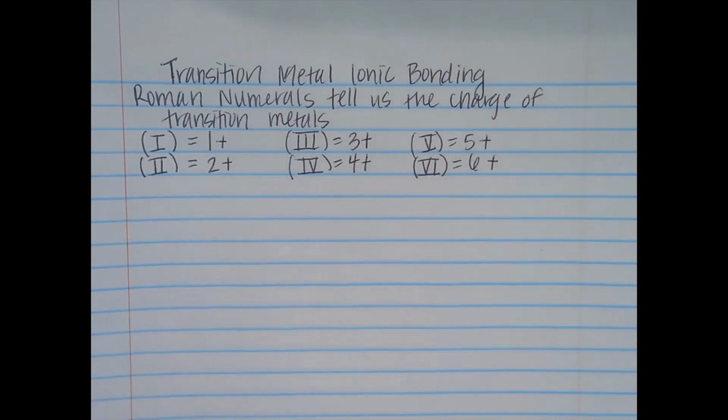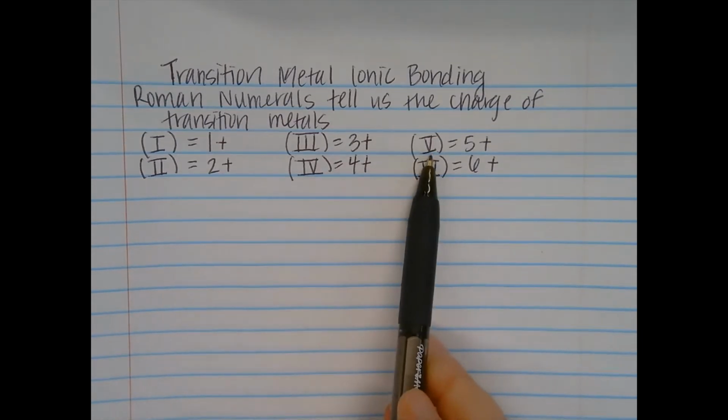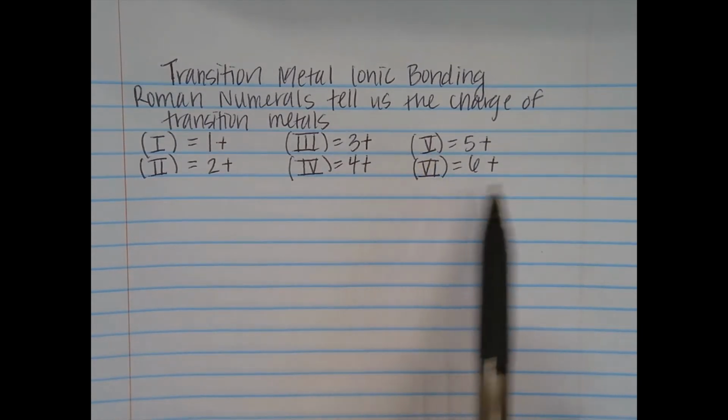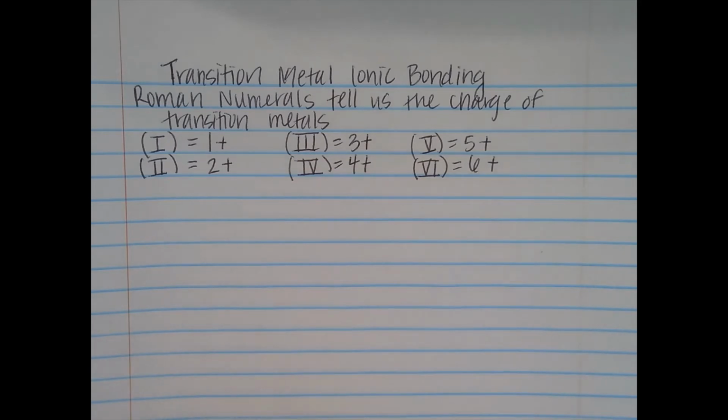So you do need to know Roman numerals up to 6. Just like a metal in 2A has a 2+ charge, a transition metal with a V means it's a 5+. This tells us what the charge is.